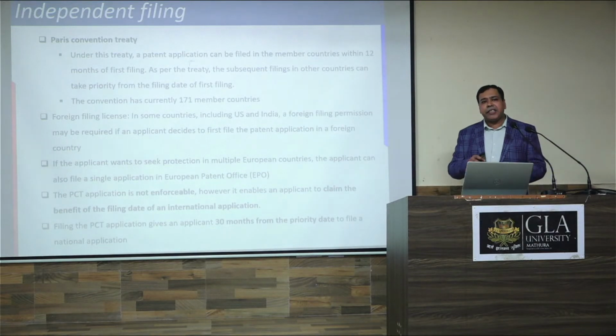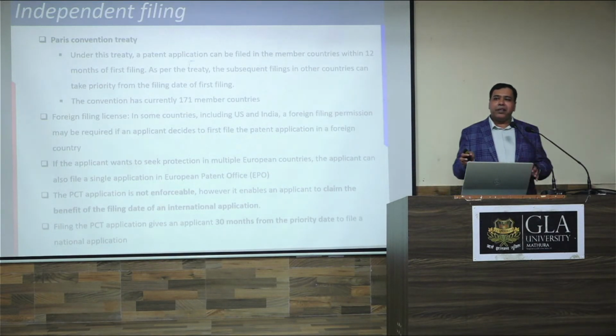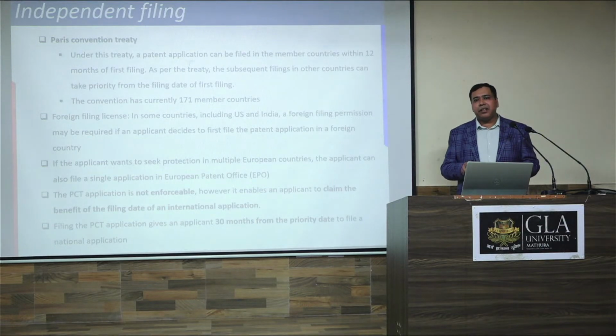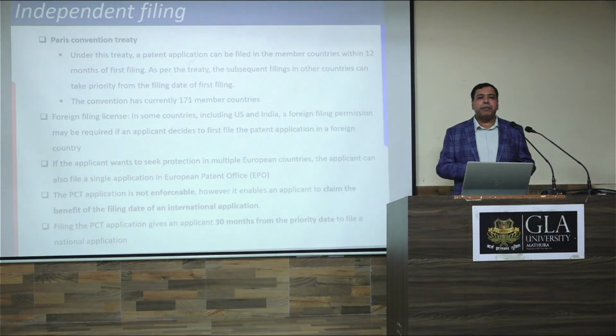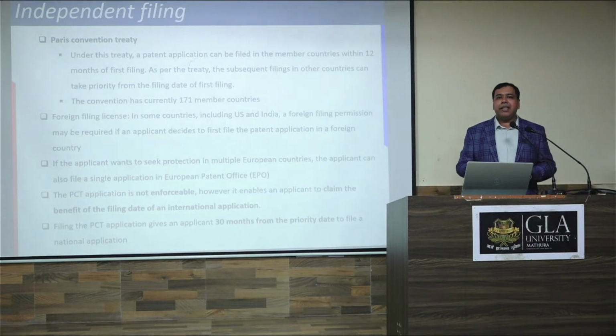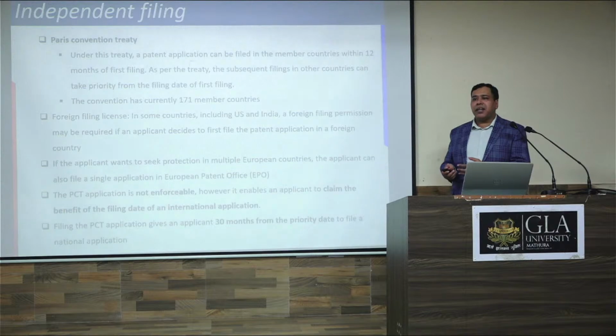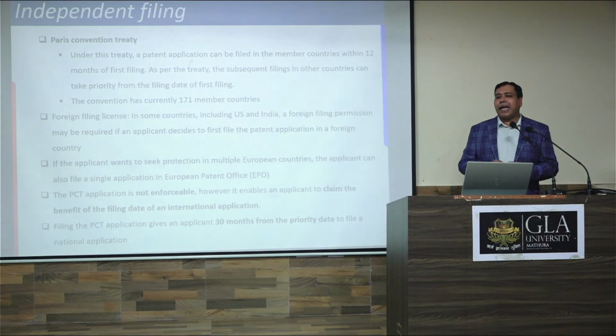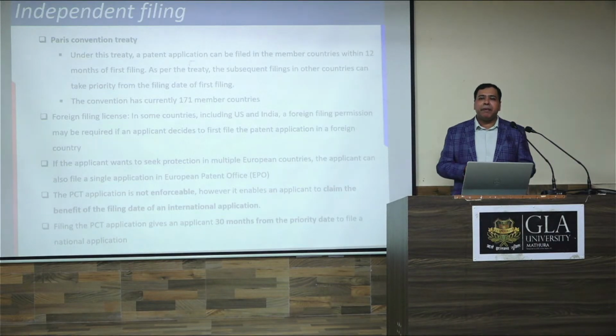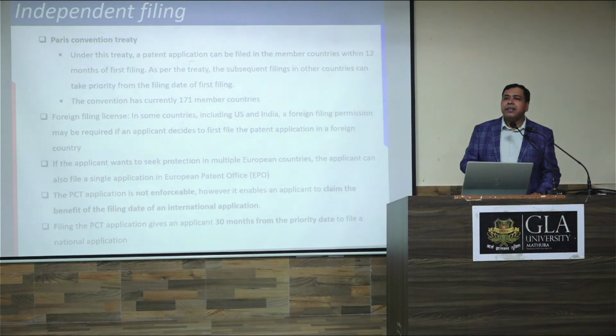Typically this is majorly used by bigger corporations where they think that their invention or their business is going to be in multiple countries. Then I would use the PCT route to file that application across multiple countries. Otherwise, from your standpoint, I don't see that happening so often. Primarily, you may be more focused on filing in India only.